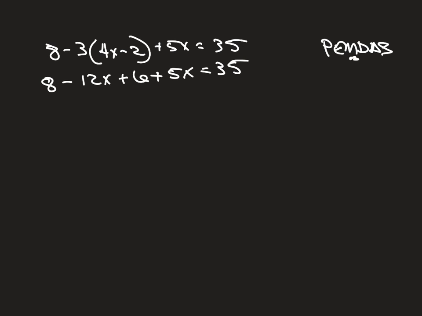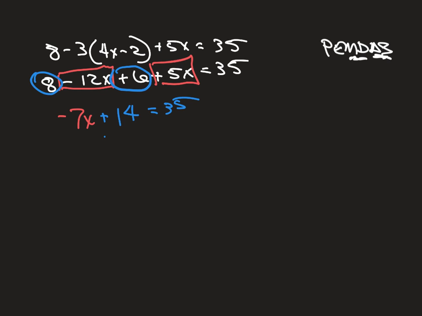Now I'm going to combine like terms. There's no division, so I'm going to add, subtract from left to right. Only those like terms. Now I notice that I have a 12x here and a 5x there. I can combine those. I can also combine my 8 here and my positive 6 here. So let's go ahead and do that. So in red, I have a negative 7x, and in blue, I have a plus 14.